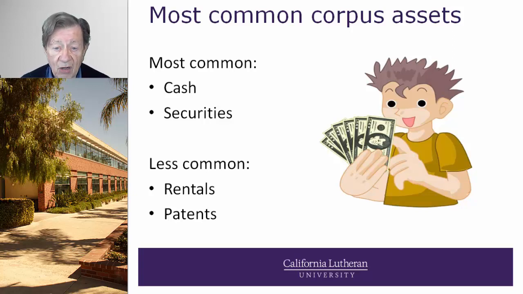Therefore, they have to hire financial planners with that expertise. Less common are going to be rentals and patents. In fact, rentals might be an apartment house or a summer place which is leased out. That could be a part of the corpus.